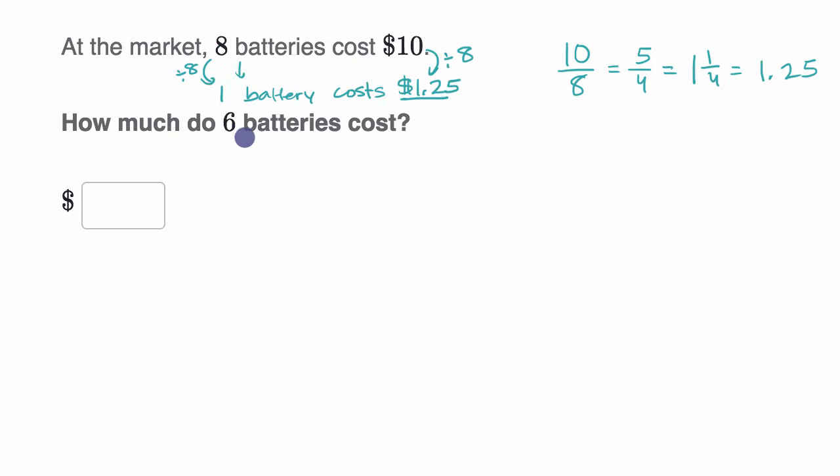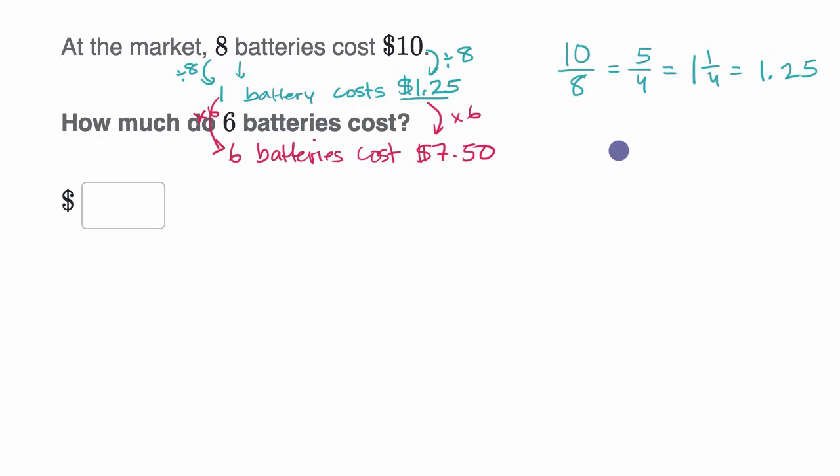And so when they're saying 6 batteries, how much do 6 batteries cost? Well, we're multiplying the cost per battery times 6 now. So what's $1.25 times 6? So it's going to be $6 plus another $1.50, because 6 times 25 is 150. So it's going to be $7.50.